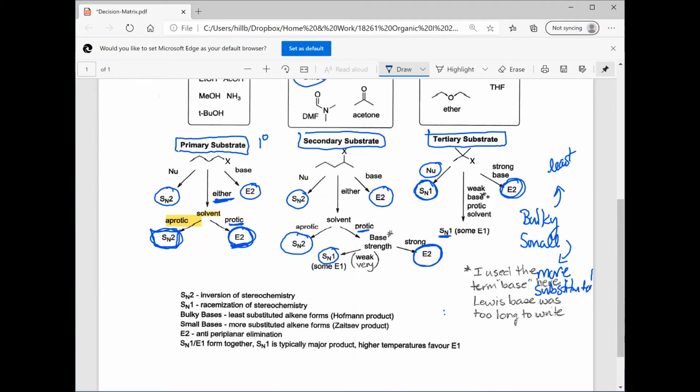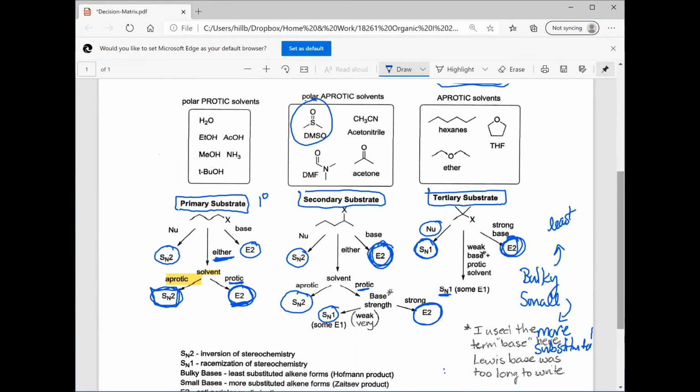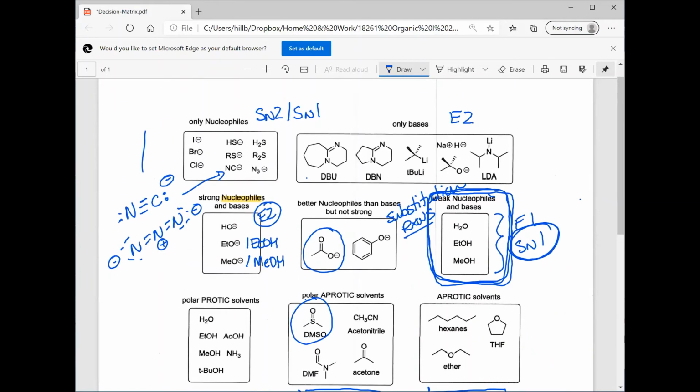That would be part of the E2, and it would only be important for the secondary and the tertiary, so that's something to keep in mind. But really the point is recognizing what is what.